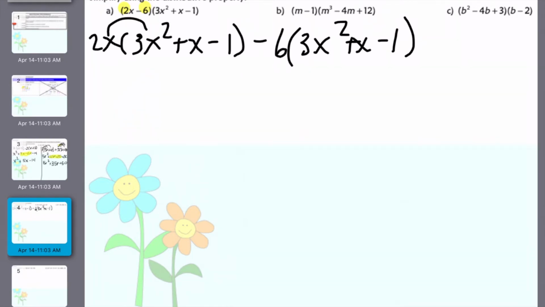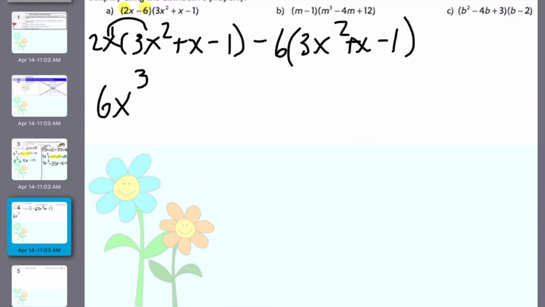So 2x times 3x squared gives me 6x to the third power, because remember, when I'm multiplying my variables, x times x squared, I add my two exponents together. So 1 plus 2 gives me 3.